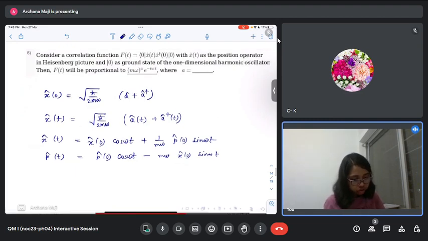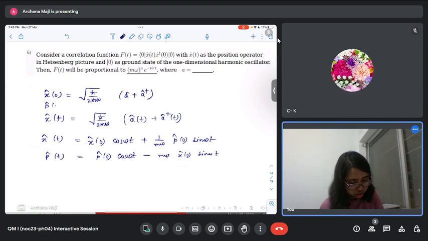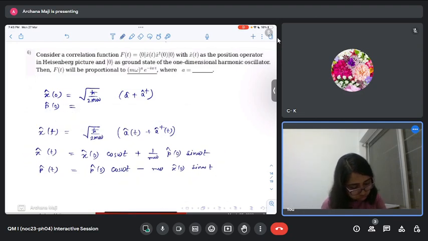Fine. Now you can do it, because you know x0 in terms of a and a dagger, and also p0. p0 is 1 over i square root of m omega h cross over 2 times (a minus a dagger).